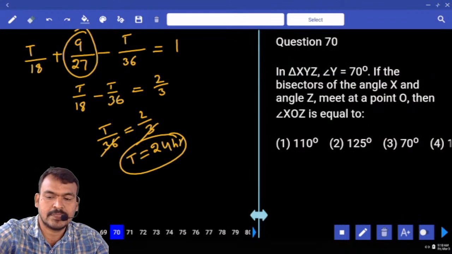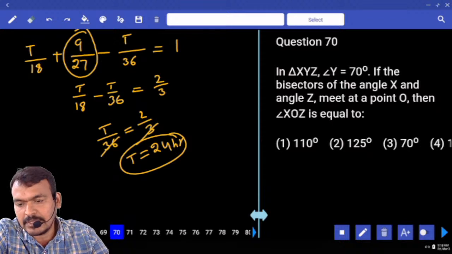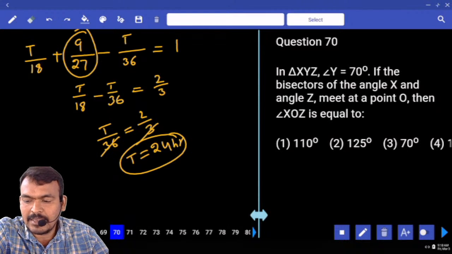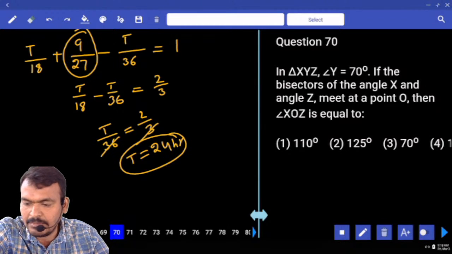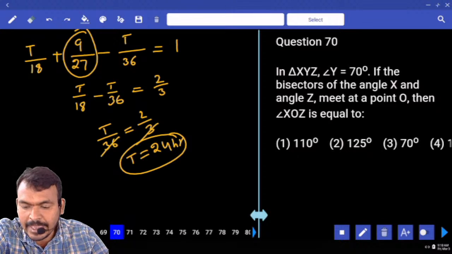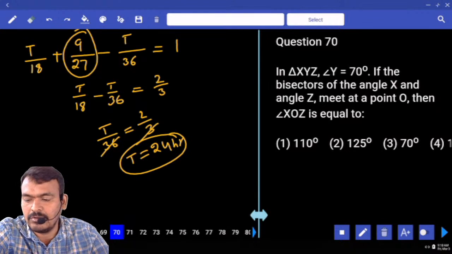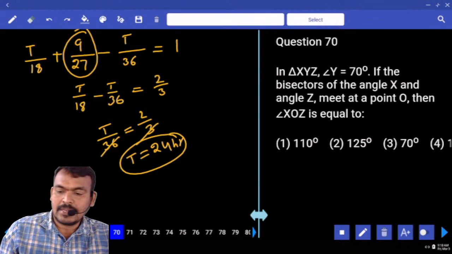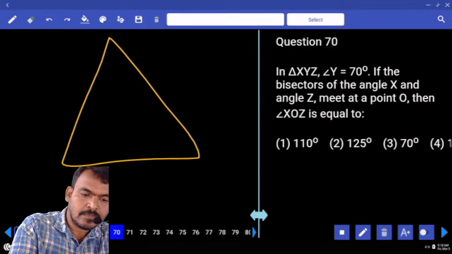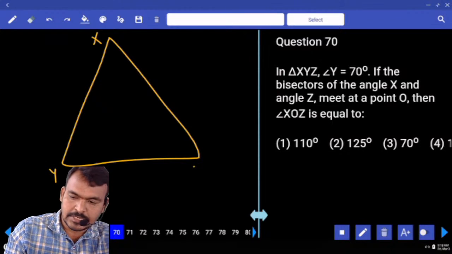Next question number 70. In triangle XYZ, angle Y equals 70 degrees. If the bisectors of angle X and angle Z meet at point O, then what is angle XOZ equal to? Triangle XYZ.